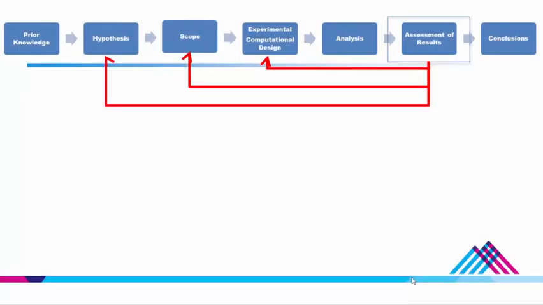The last steps would be to assess whether the results are supportive of our initial hypothesis. If they're not, we must either reconsider our hypothesis, revise the scope of our study, or perhaps determine if alternative experimental or computational approaches would be more appropriate.